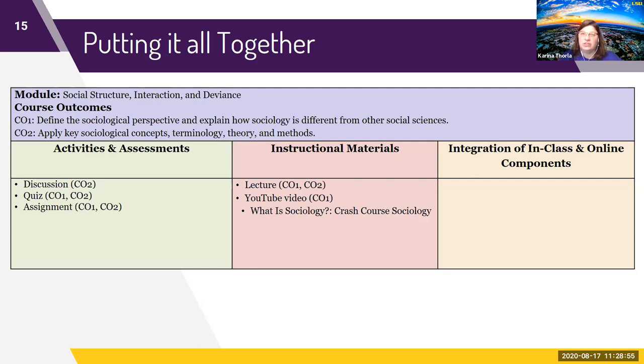So any suggestions that you might have of how we can completely align this map? There's everything that you would do in person, but now we need to find out what would be the best way to split this and put some of this online and some in the classroom.